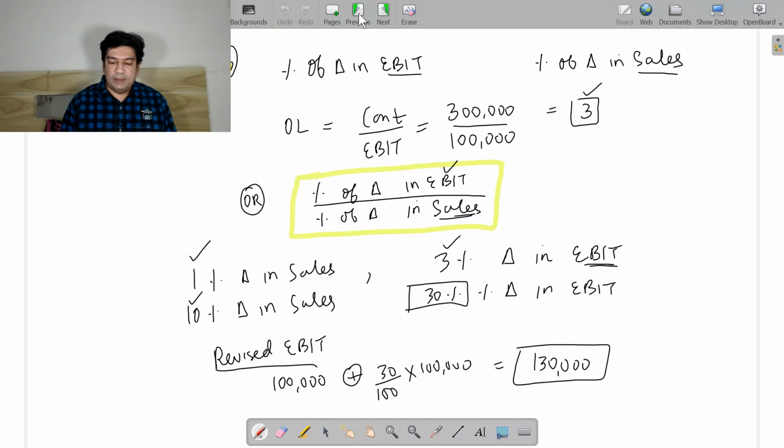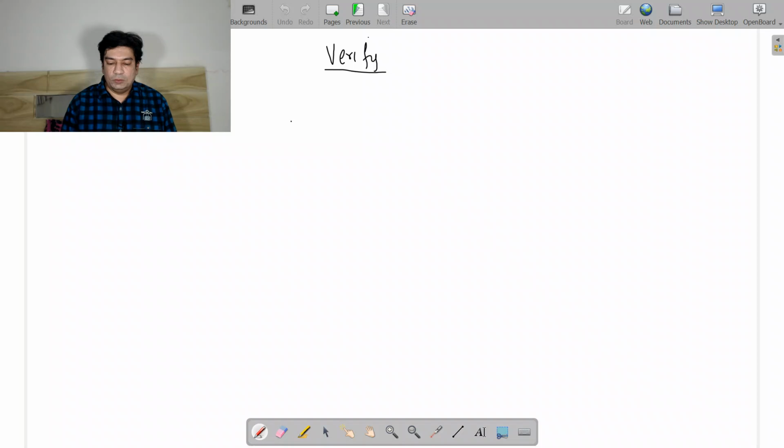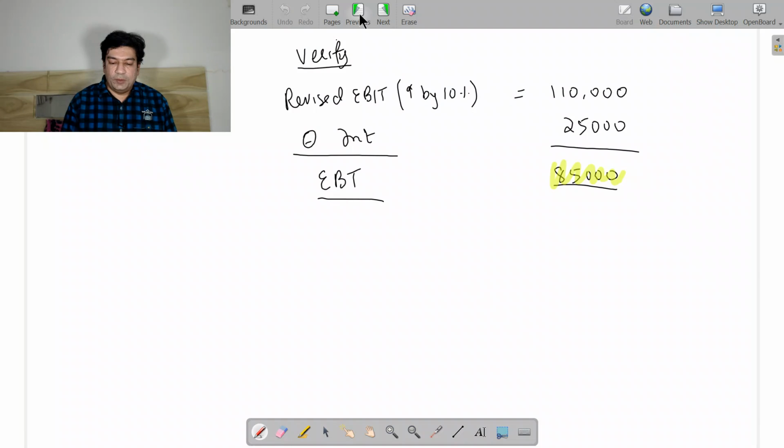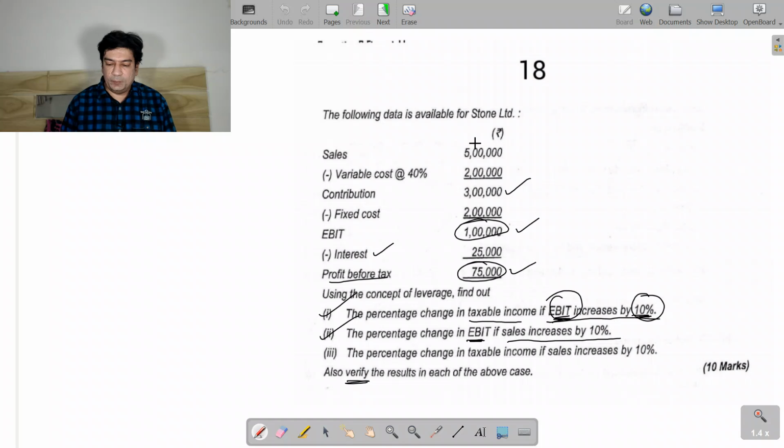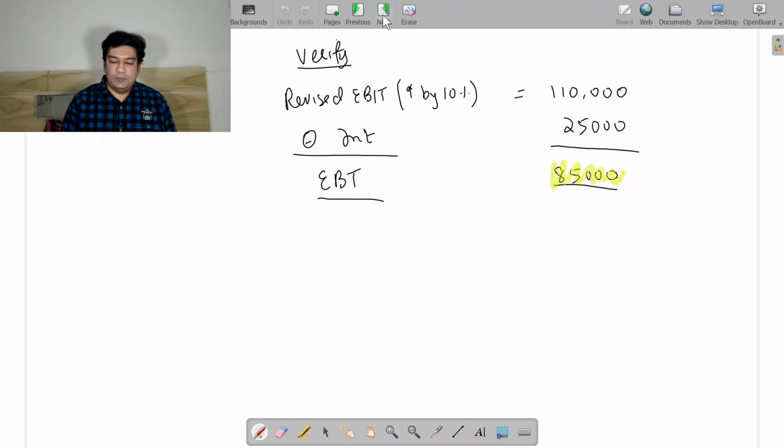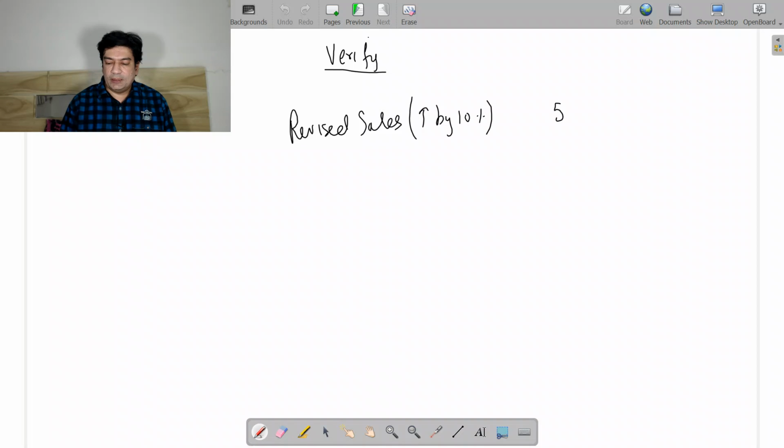Now what they have said is, there is a 10% change or increase in your sales. So your revised sales have increased by 10%, right? So 5 lakh 10% will be 50,000. So your revised sales will be 5 lakh 50,000.